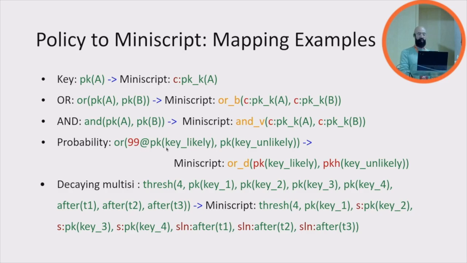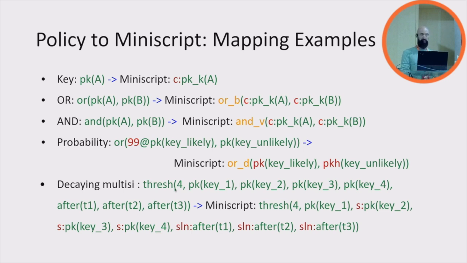It's the way to say, I'm usually using this key, so please create a script that will be efficient to use with this key. And this key is my backup key, so maybe I will use it in a disaster case, but you can make it less effective in terms of fee, of course.